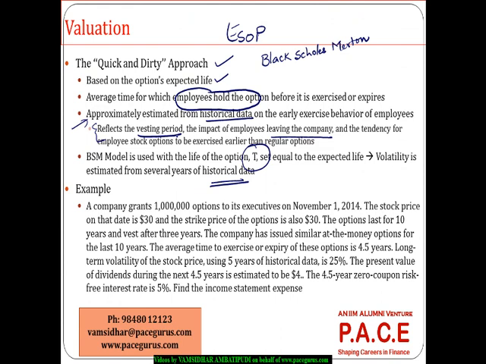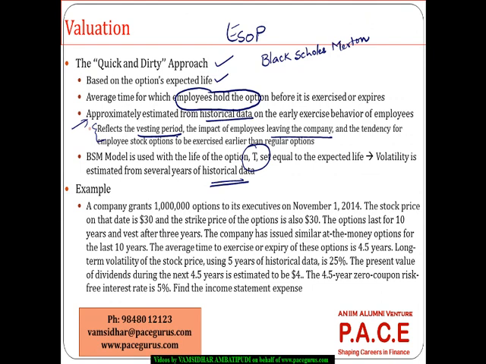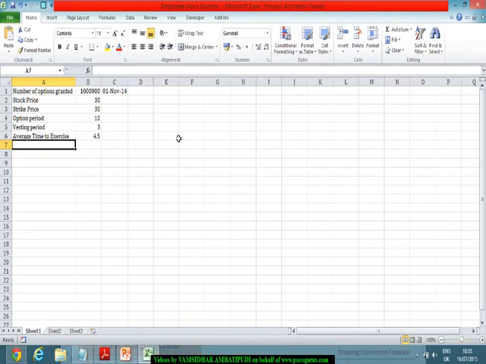The average time to exercise or expire is 4.5, so I have the historical data. Average time to exercise or expire is 4.5 years. Long-term volatility of the stock during the 5 years of historical data is 25%. So the volatility, I can take it as 25%.